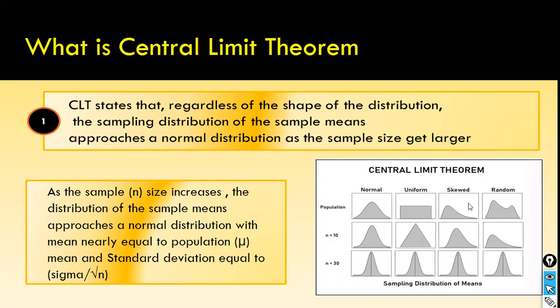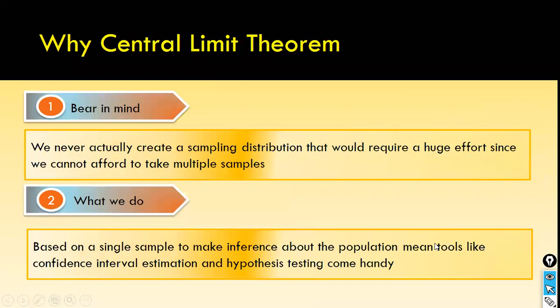Now the question is, why should I use the central limit theorem? How is it helpful? Remember that we cannot practically create a sampling distribution in a real-world scenario, because the population has a huge volume of data and it requires a huge effort.